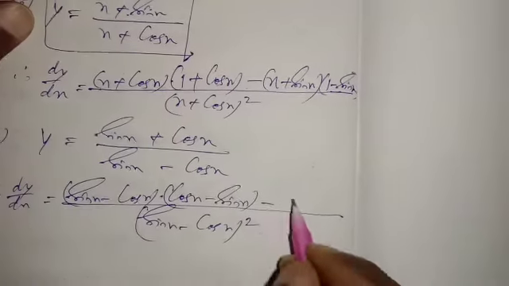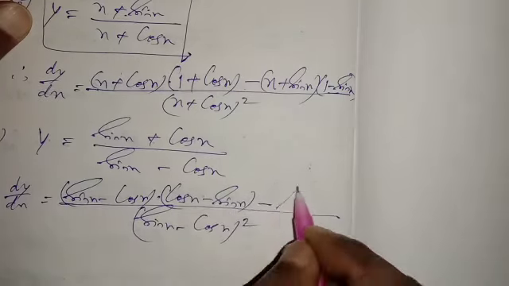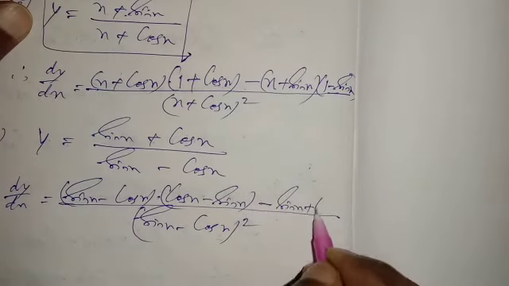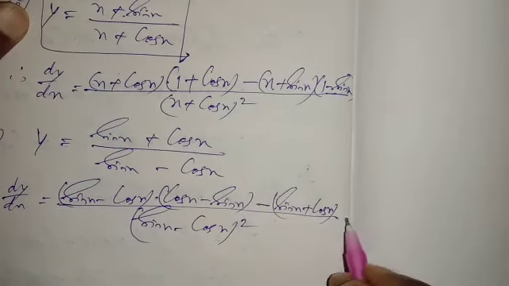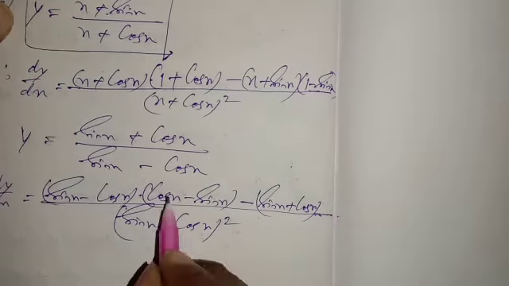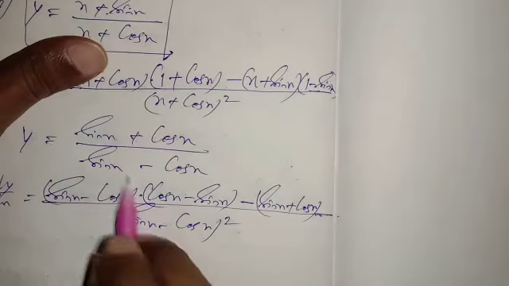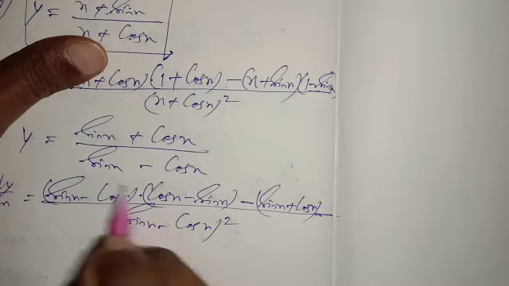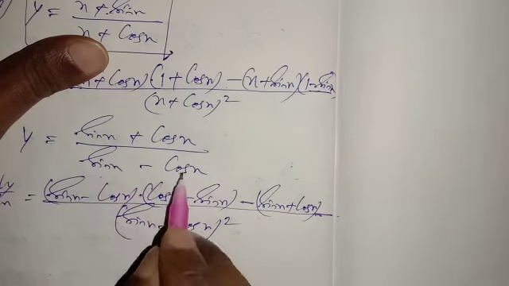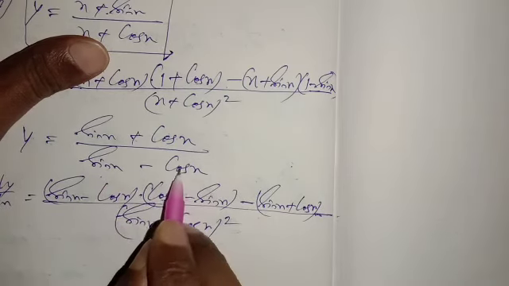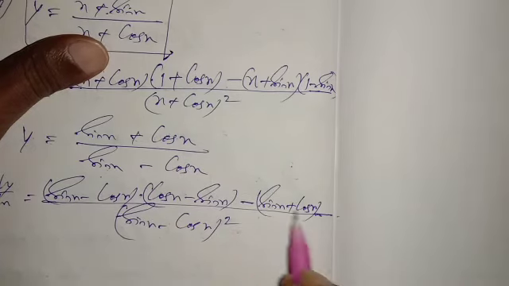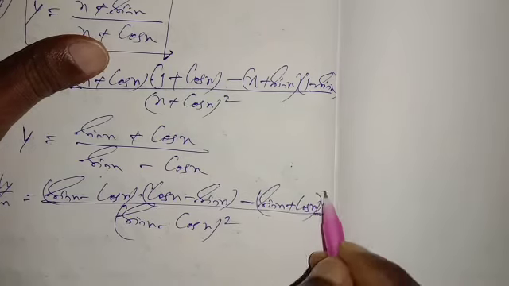Then minus u, that is (sin x plus cos x), and the derivative of v, that will be cos x plus sin x. The derivative of sin x is cos x, and the derivative of minus cos x is plus sin x, that means cos x plus sin x.